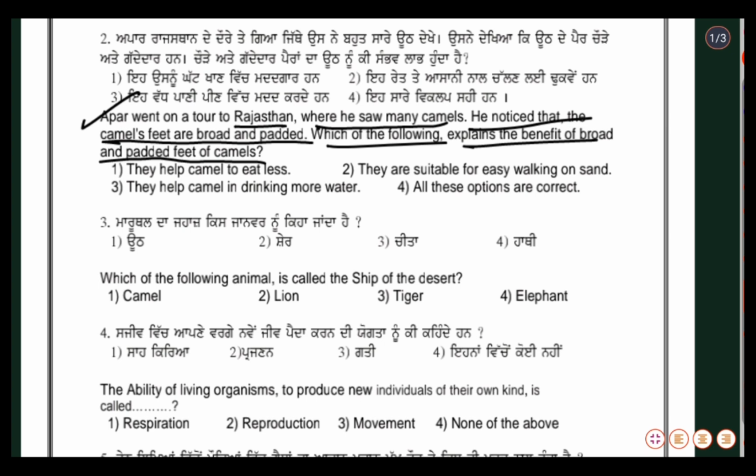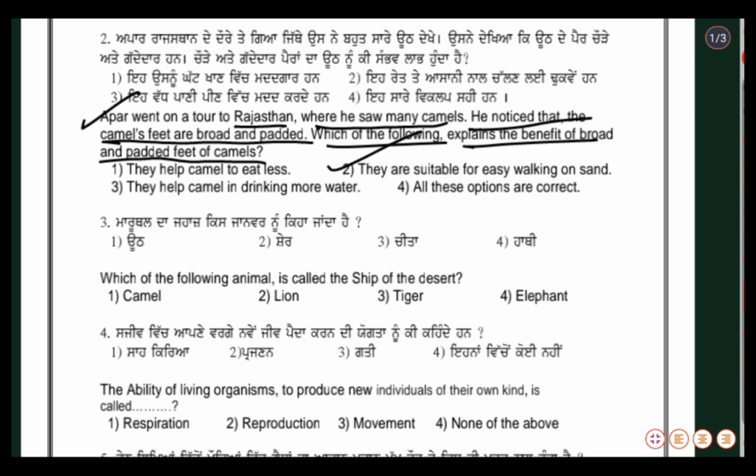This is an adaptation which is crucial for survival in the desert where the ground is unstable. So the right option is easy walking on the sand.